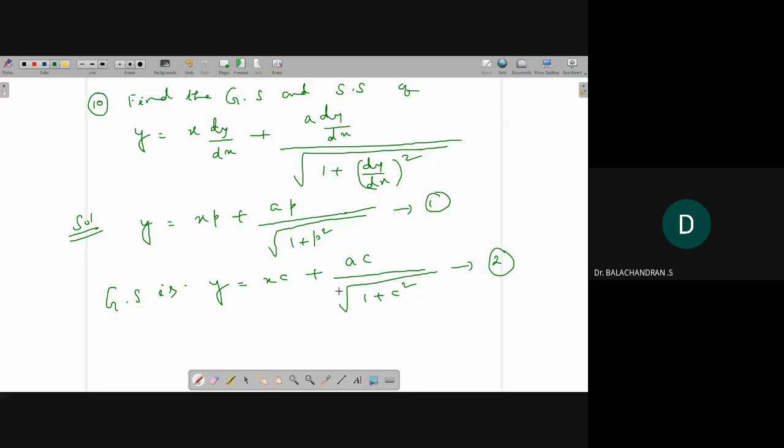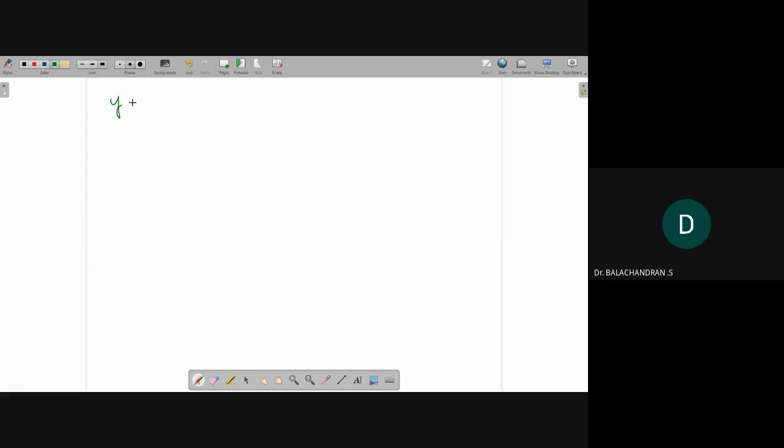Okay, now differentiate equation 2 partially with respect to c. So I'll write equation 2 on the next page also. Okay, so y equal to xc plus, and again I'll give the hint.